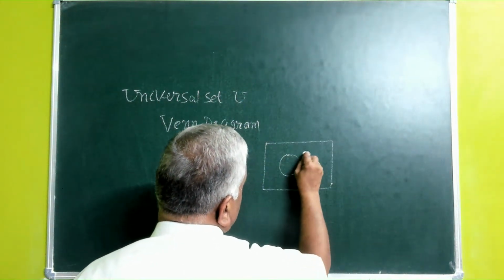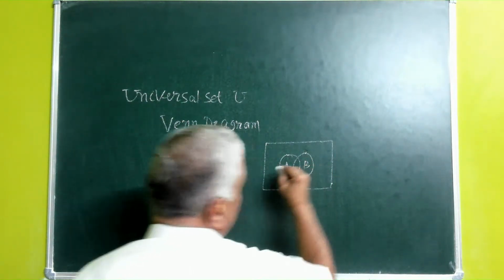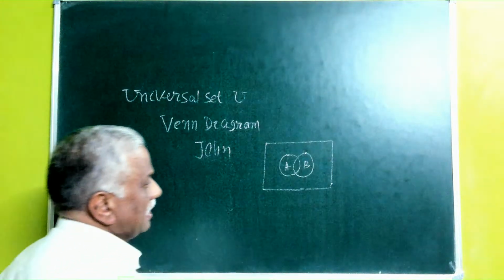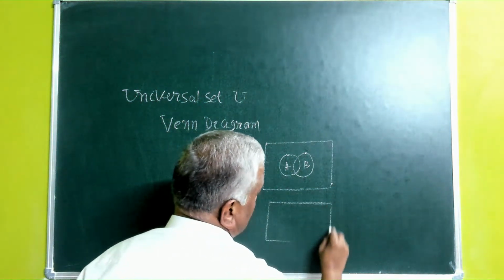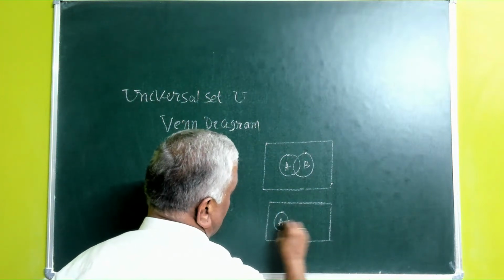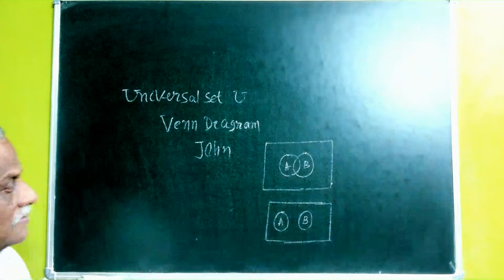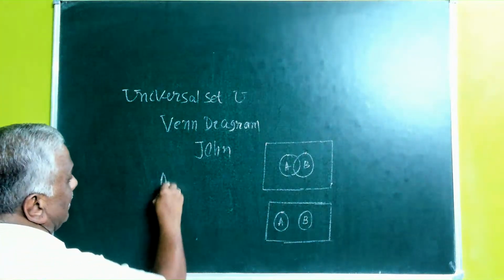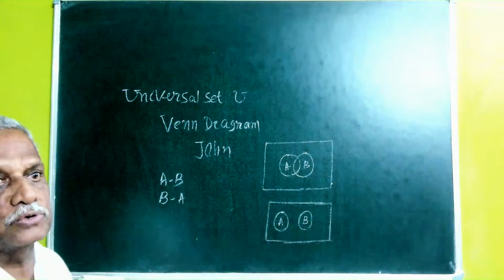Supposing we write like this, these two are called joint sets, and if I write like this, these two are called disjoint sets. You can also recall what is A minus B, what is B minus A, all these definitions, kindly go through that.